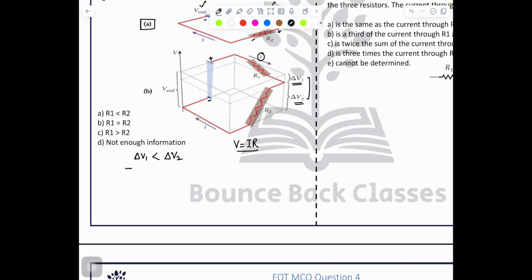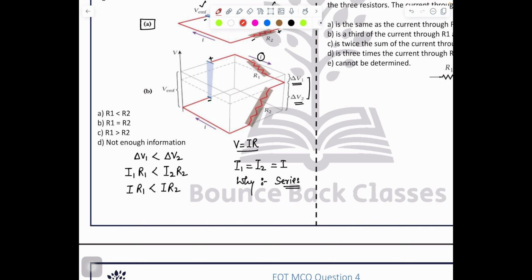So can I say I1 R1 is less than I2 R2? And we know I1 equals I2 equals I. Why? They are connected in series. So can I say I R1 is less than I R2?